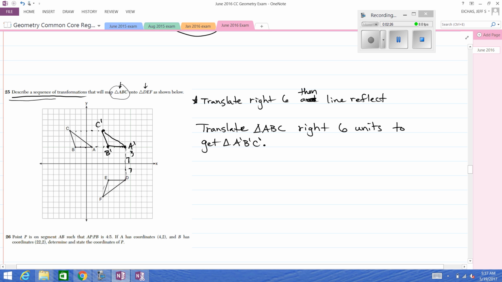Now we're going to show that we're going to reflect over the x-axis.